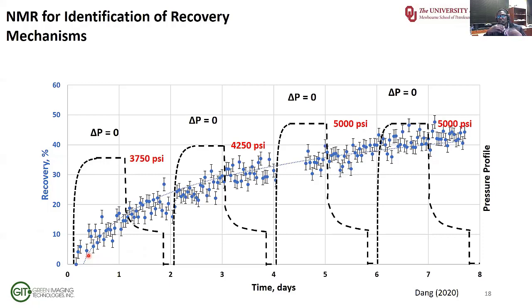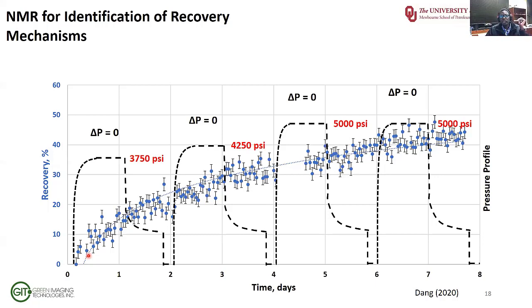Because if you remember, what is the entire definition of the huff and puff process? You inject a gas, you allow it to contact your sample and penetrate inside the sample and interact with the native fluids, re-energize them, and then during the production phase, you'll be producing that. That was the concept.